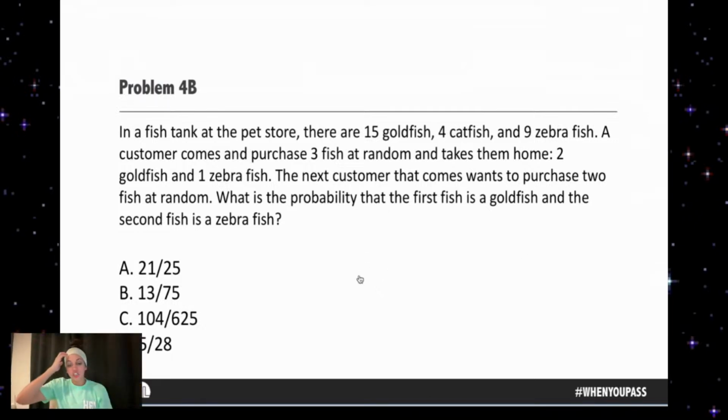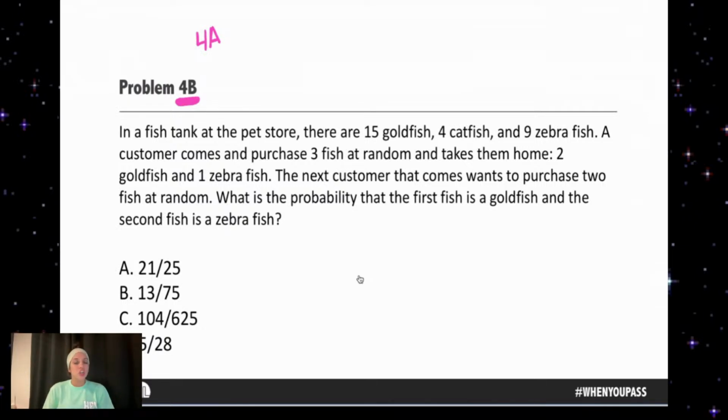All right, so this is basic probability. You'll notice that this says 4B because 2 weeks ago we did the 4A problem. The question was something to the effect of, what is the probability that the fish is a goldfish? The customer was only purchasing 1 fish.